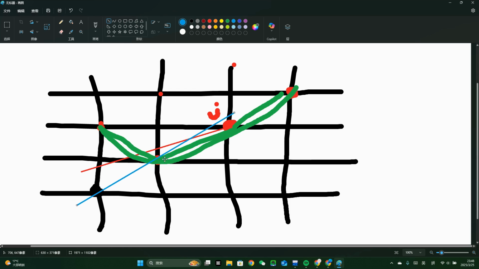Right? Think about it, because the slope is less. Visualize it.